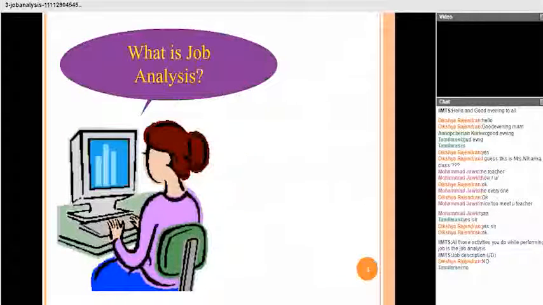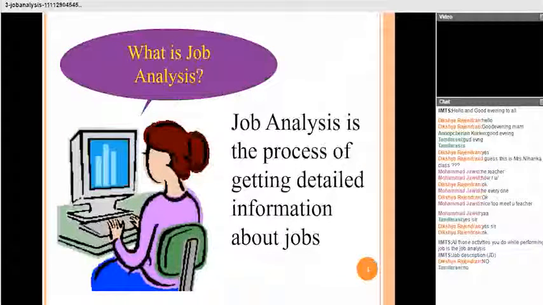Moving ahead, what is job analysis? Job analysis is the process of getting detailed information about jobs. You are getting detailed information about the jobs which you are doing, and Google.com is the best way to get as much information as you can on the job which you are going to do.